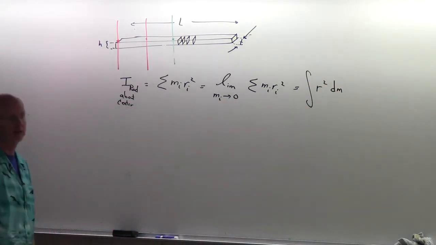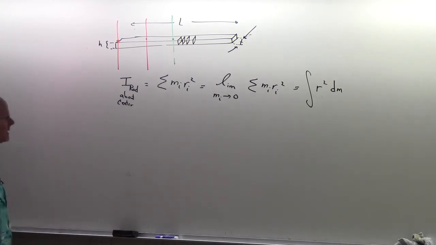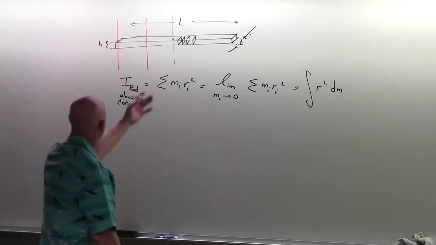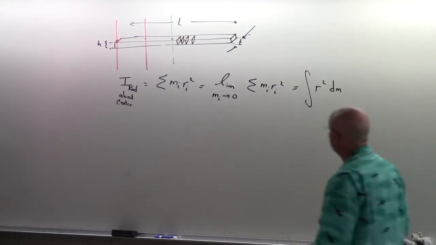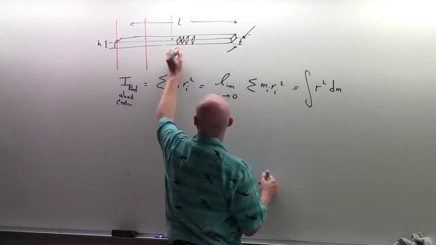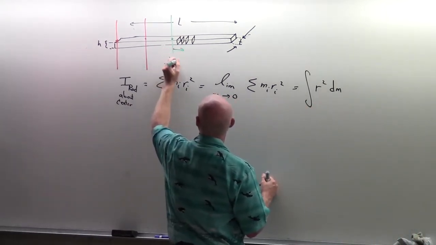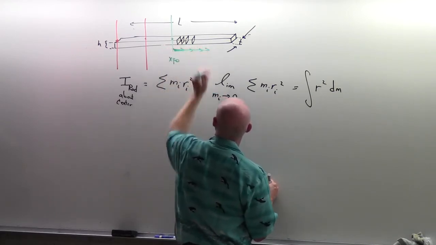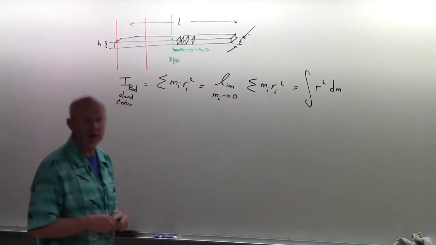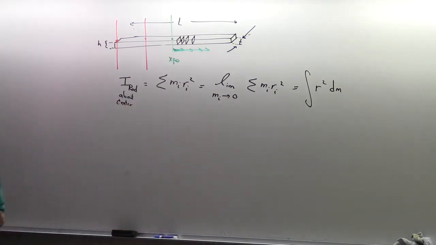What is going to 0? It's the mass. And so I chop the mass into little tiny pieces. And as I look up here, the center one is in green, so I'll come back over here in green. And so if I measure everything, call this x equaling 0, then these little chunks of mass are at some position x. In other words, their position x is also their radius.